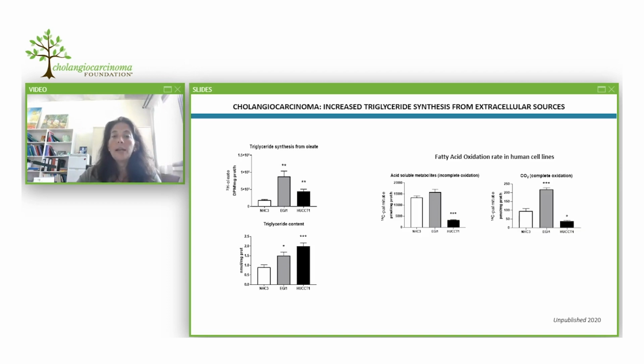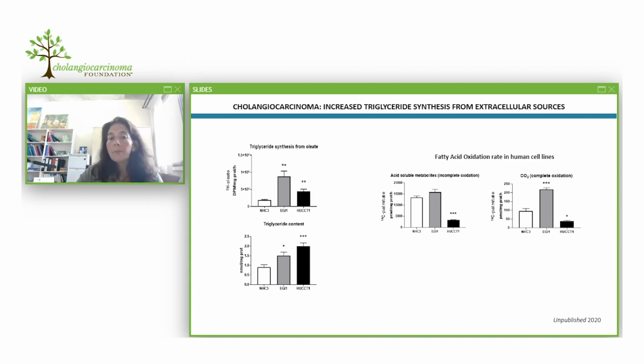And indeed we found that in the intrahepatic cholangiocarcinoma cell lines, probably as a result of the decreased fatty acid oxidation rate, the accumulation of this TG concentration was taking place. However, in the extrahepatic cholangiocarcinoma cell line, we found a high increase in the fatty acid oxidation rate.